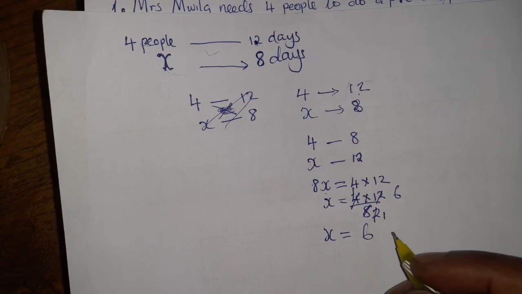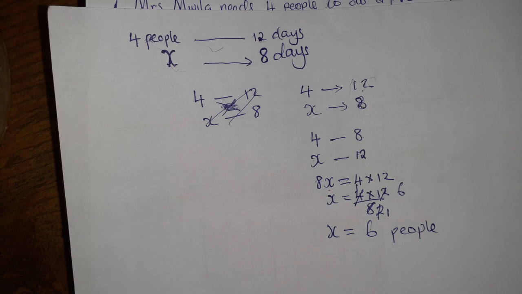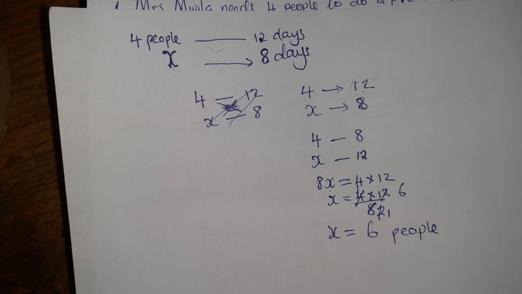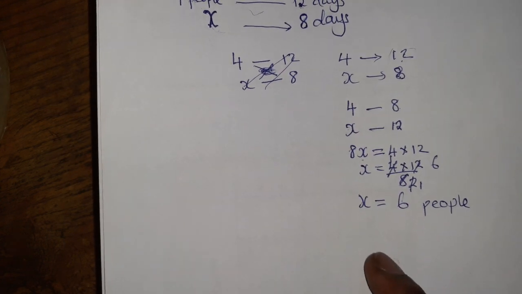So x is equal to 6 people. Are we together? It is as simple as that.